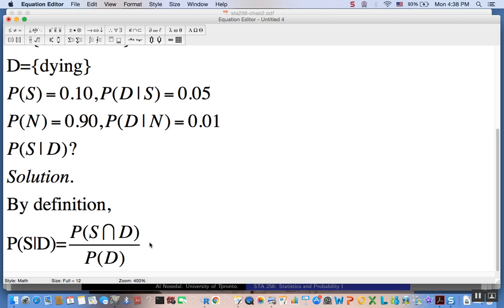Okay? Note something. We have these conditional probabilities, and these conditional probabilities involve intersections, right? Since we are interested in the probability of S and D, the one that has those two events involved, would be this. Make sense?